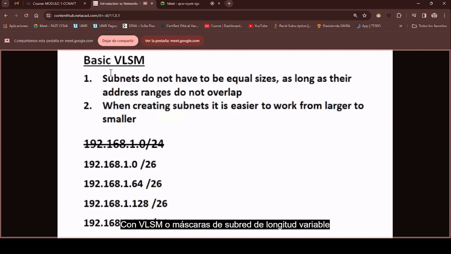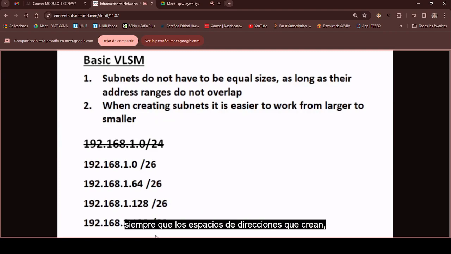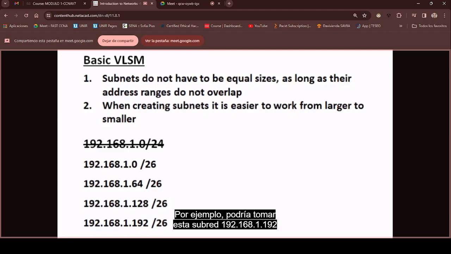With VLSM, I can decide that I want to change one of these subnets and further subdivide it into smaller subnets, as long as the subnets that I create do not intrude into the other subnets. For instance, I could take this 192.168.1.192 subnet. The address range for this subnet goes from 192 all the way up to 255.